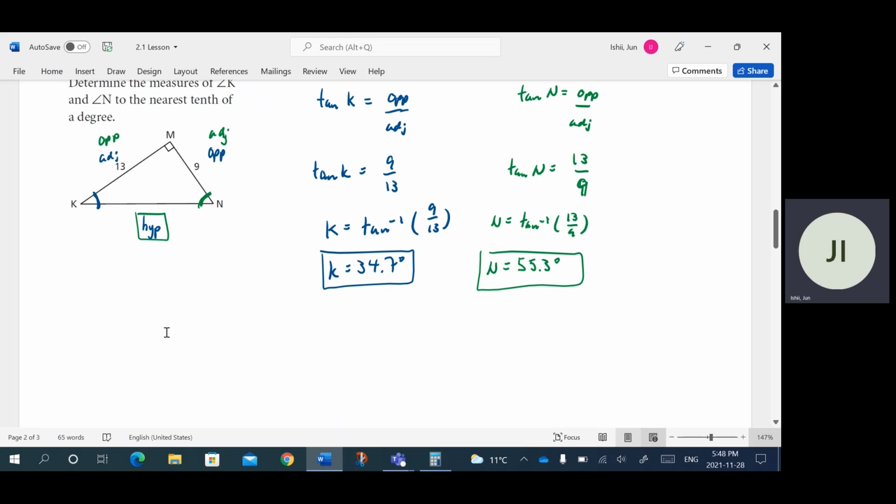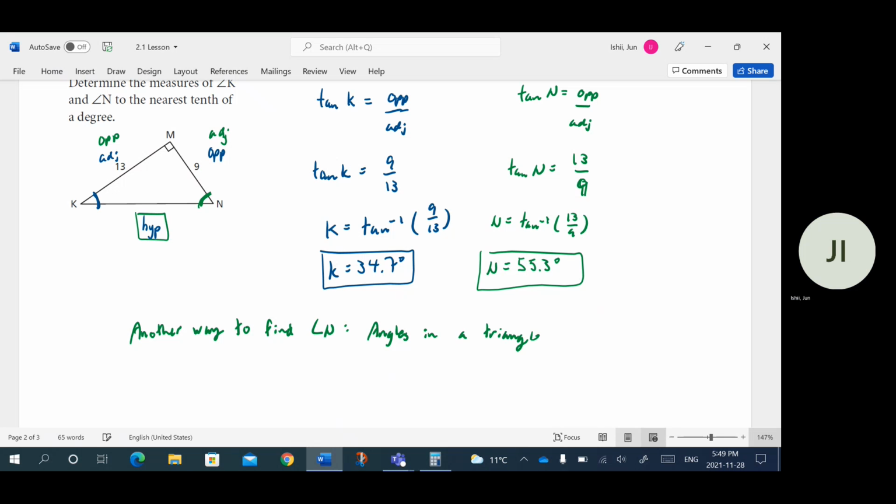Now, there is actually another way I could have found angle N without using tangent. The other way is to realize that the angles in a triangle add to 180 degrees. So another way to find angle N is to use the fact that angles in a triangle always add to 180 degrees.